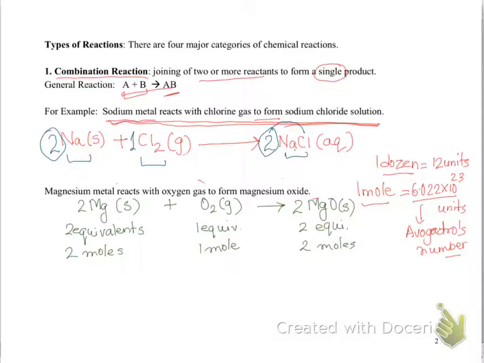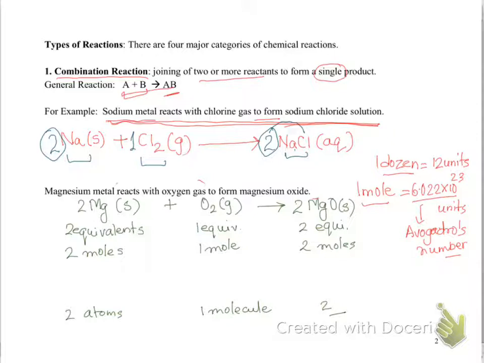I can also say 2 atoms of magnesium combines with 1 molecule of oxygen gas to produce 2 equivalents of magnesium oxide.